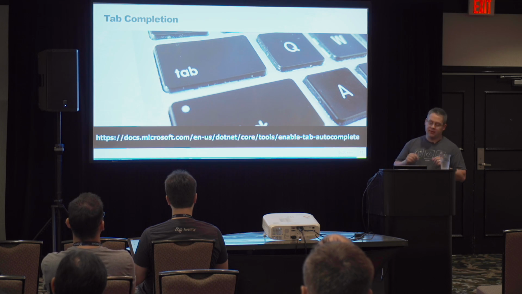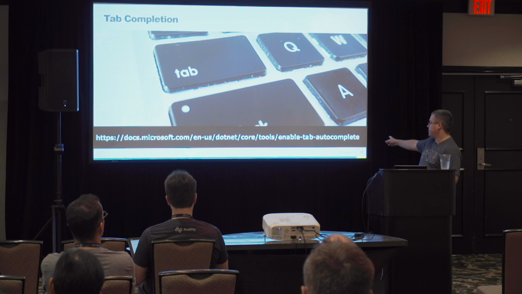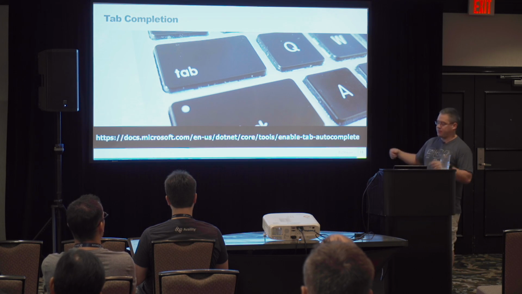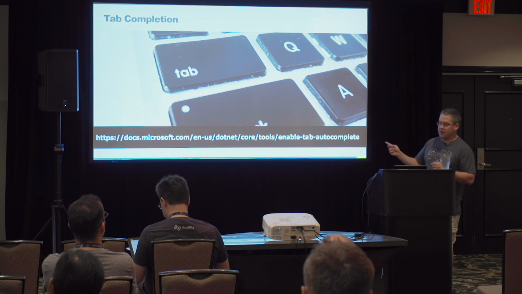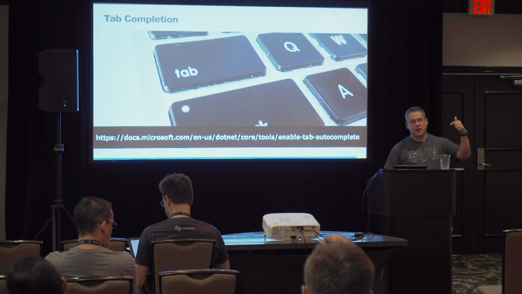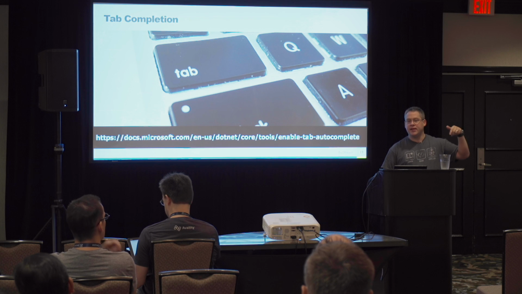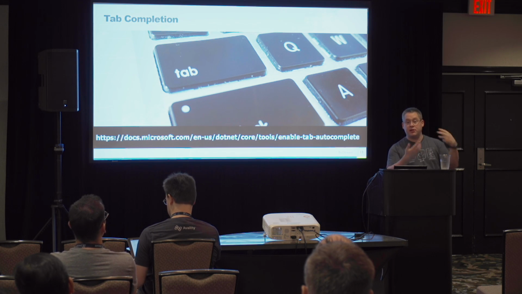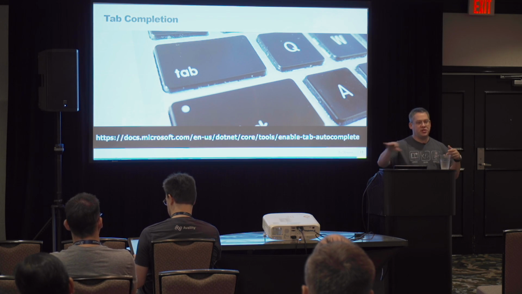So to enable tab completion with the .NET Core SDK, you actually have to follow this set of instructions. And it's a pretty common Google search, but there's the link on how to do it. It takes basically 4 lines of a PowerShell script that you run as an admin instance of PowerShell. And as soon as you run that, it enables the right security policy, and then tab completion works.